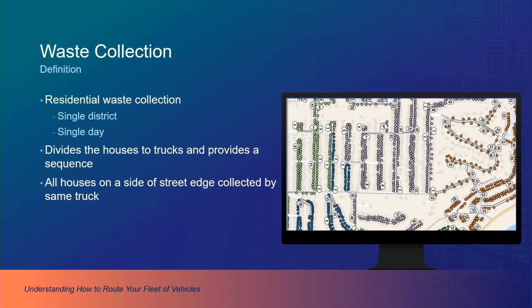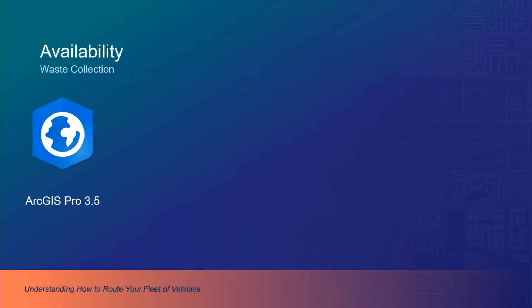So think of a block or a section of street between two intersections. We also strongly prefer that both sides of the street are collected by that same truck, but we don't make that one the hard requirement. So at the current moment, waste collection is only available on ArcGIS Pro and only since version 3.5. However, there's still that Python option available for automation while we work on expanding it across the whole platform.